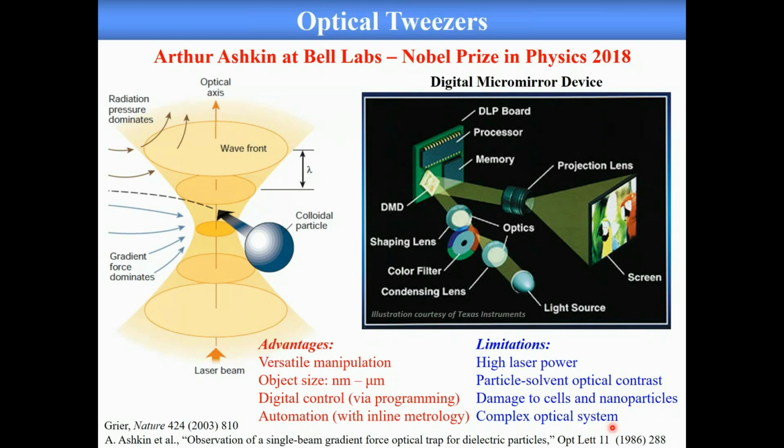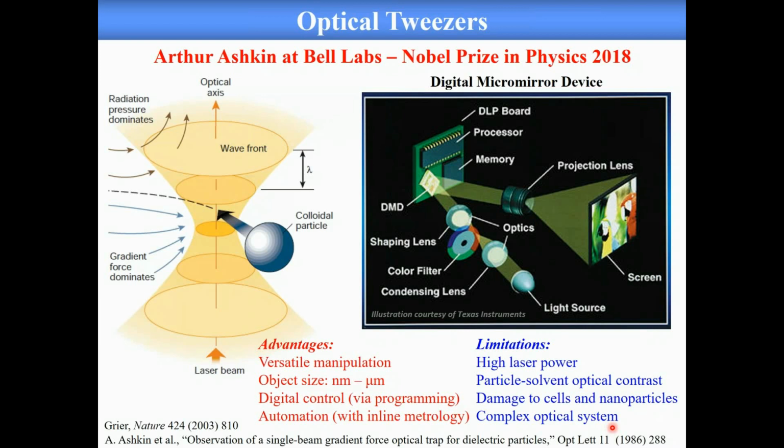And the high power can damage the particles you are trying to assemble and manipulate. We also need very complex optical systems, because the high quality beam can only be achieved using a high numerical aperture lens and a very complicated optical system.